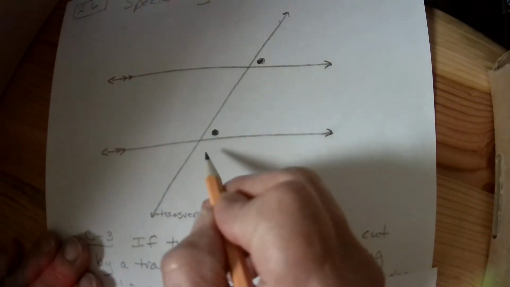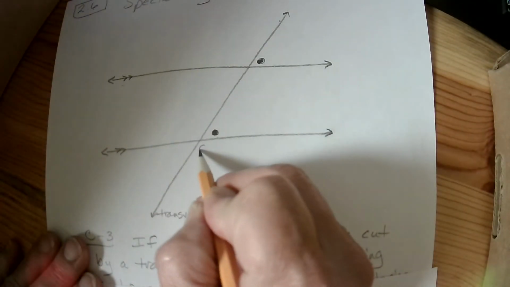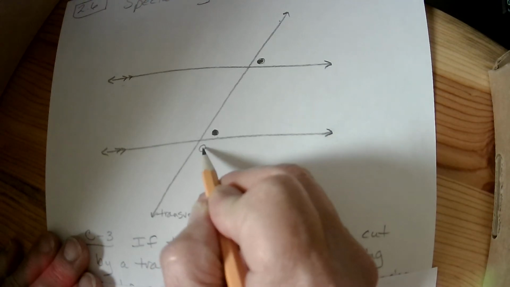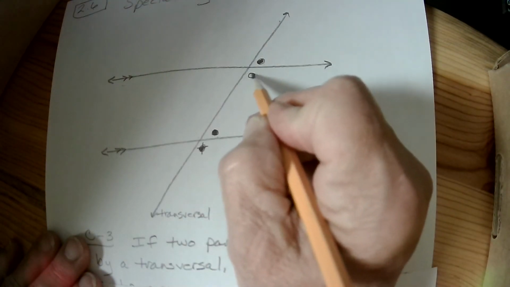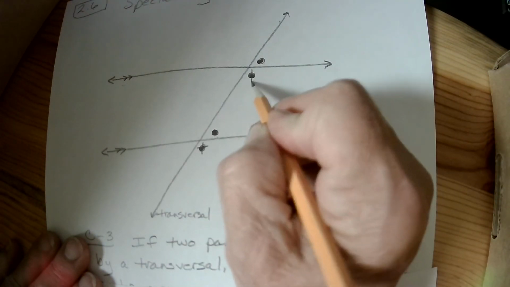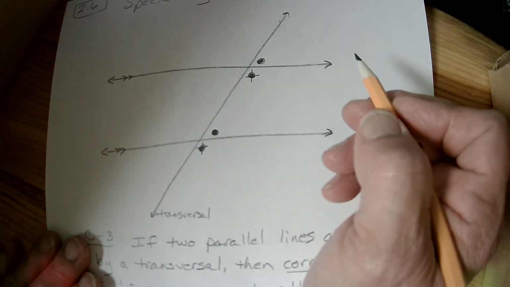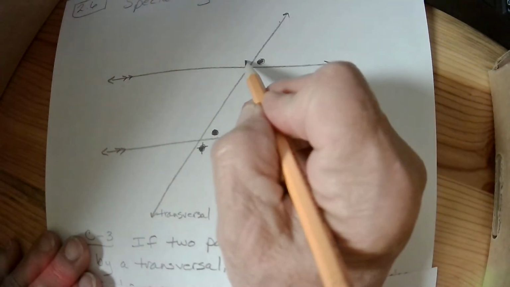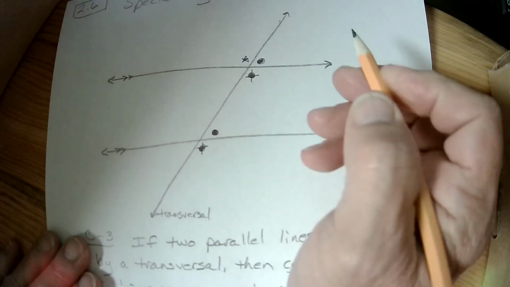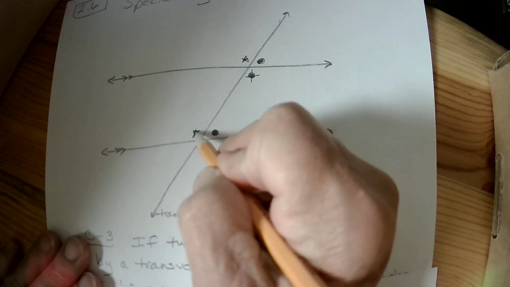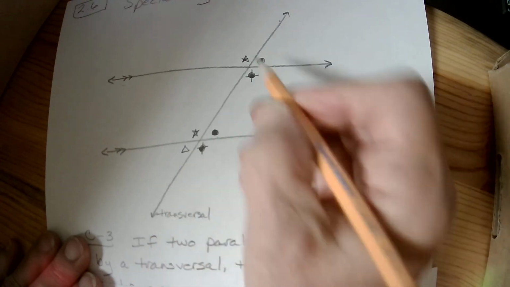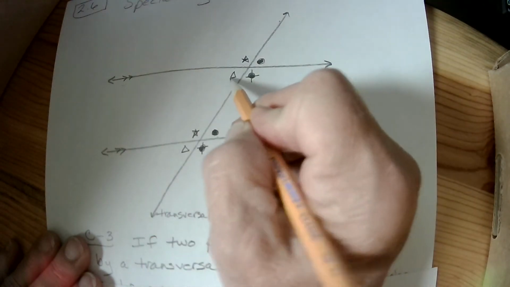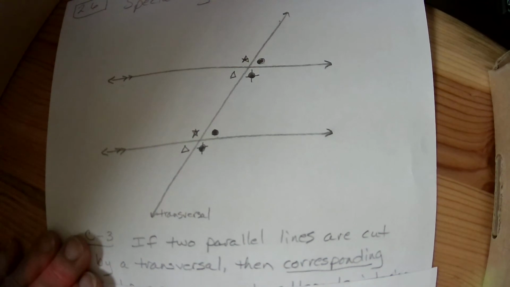So this also corresponds, let's make this one look different, to this one right here. This one corresponds to this position right here, and this one corresponds to this one. Those are all corresponding angles.